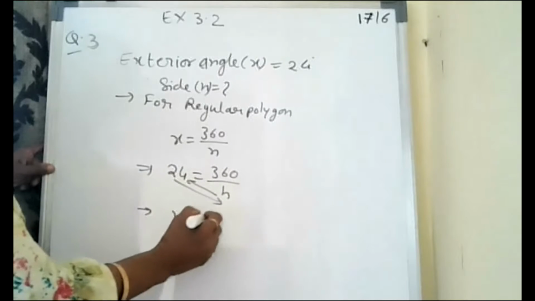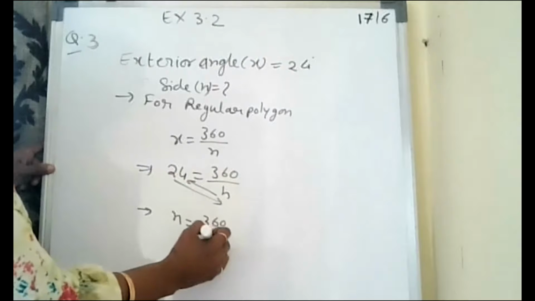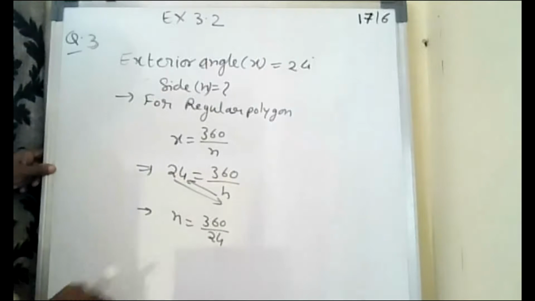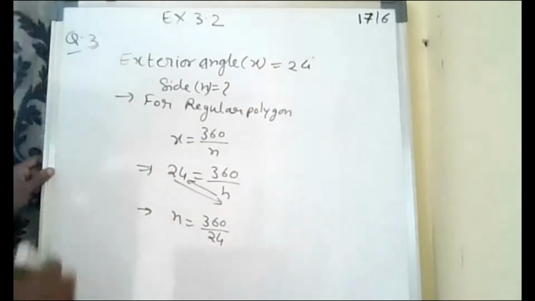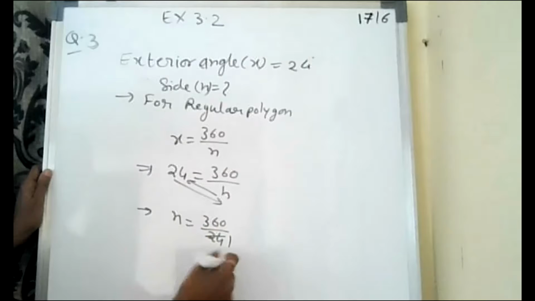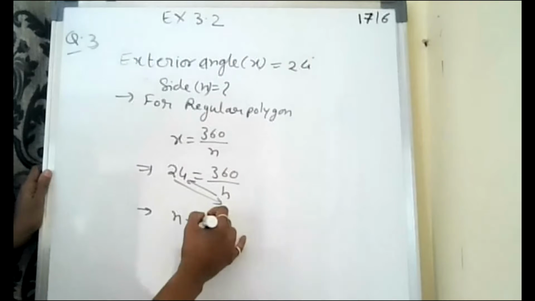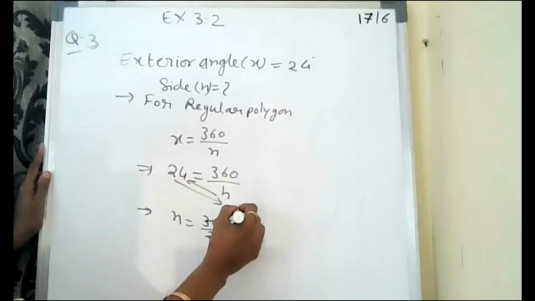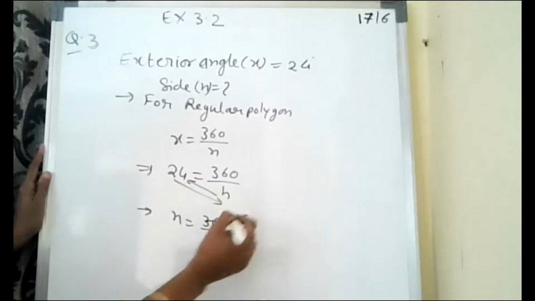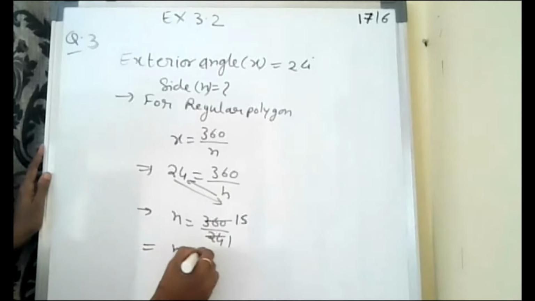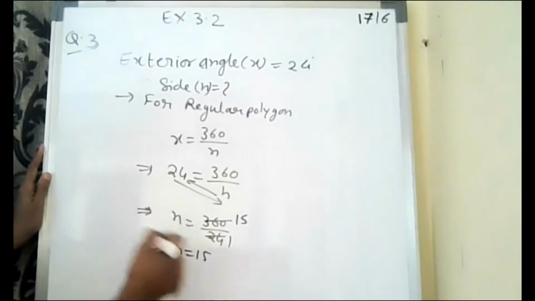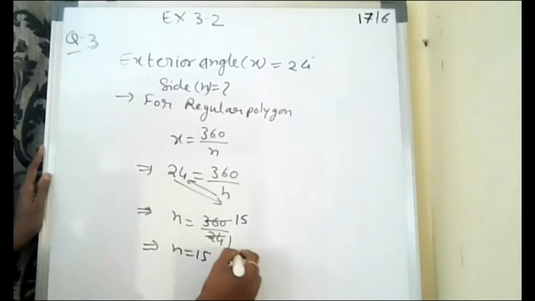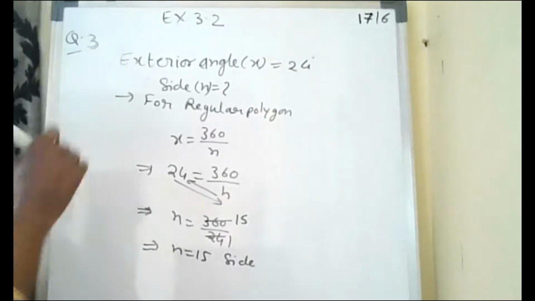So we will get n is equal to 360 divided by 24. 24 ones are 24, 24 times 15 is 360. So n is equal to 15 sides. Means if the exterior angle is 24, the number of sides will be 15.